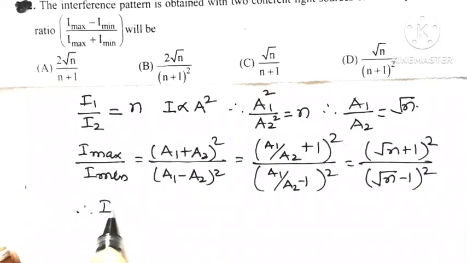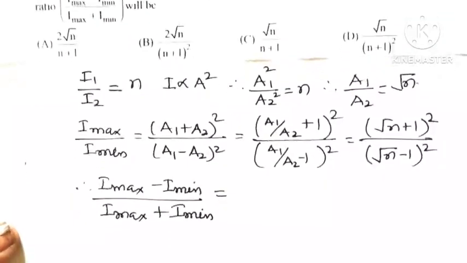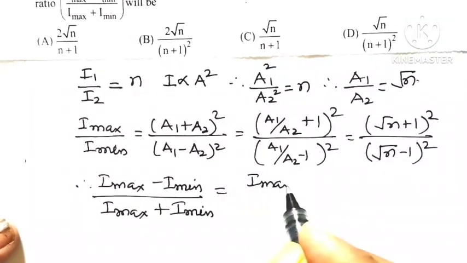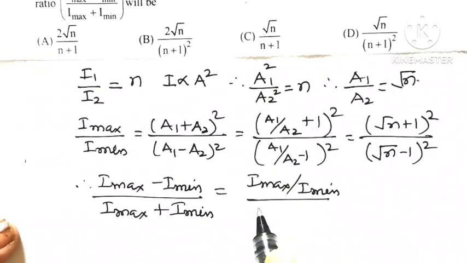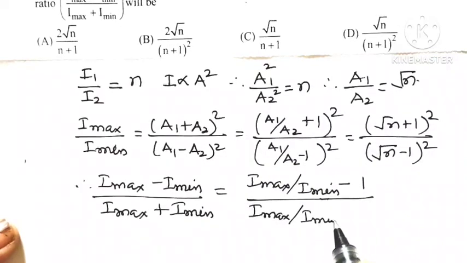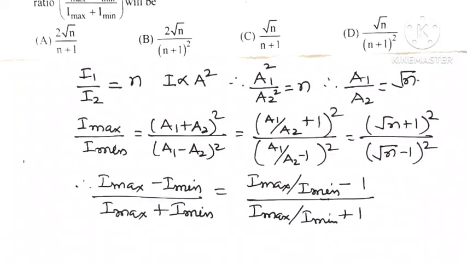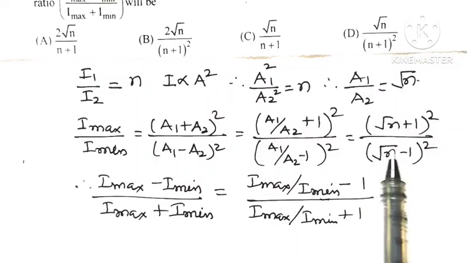Therefore Imax minus I minimum upon Imax plus I minimum, again dividing by I minimum, is Imax upon I minimum minus 1 upon Imax upon I minimum plus 1. So Imax upon I minimum is (root n plus 1) whole square upon (root n minus 1) whole square.